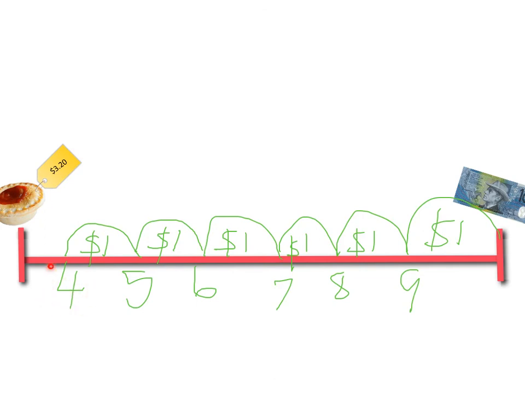So what's the difference between this $4 and the $3.20? We just count back. $3.90, $3.80, $3.70, $3.60, $3.50, $3.40, $3.30, $3.20. That was another 80 cents. So all the change that I would receive would be adding up these dollars and the 80 cents difference between $4 and $3.20, which will give me change of $6.